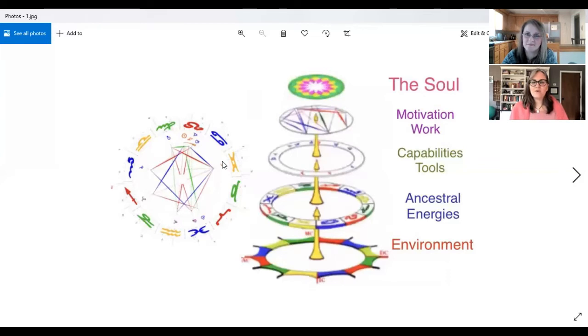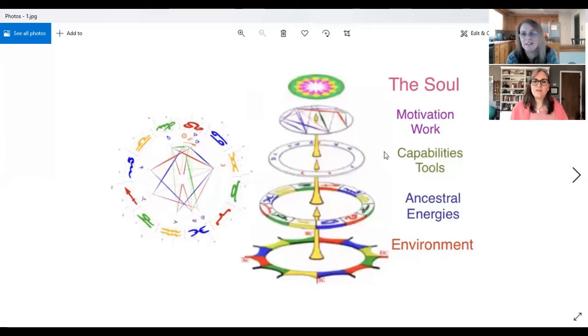And those are the energies that they represent and that we connect with in different ways. So maybe that'll help solidify a little bit what we mean by each having their own personality as a tool. They're a different tool. They have different personalities and energies that we're working with and that they're working with us. And then the last layer is the houses, which will be our environment.